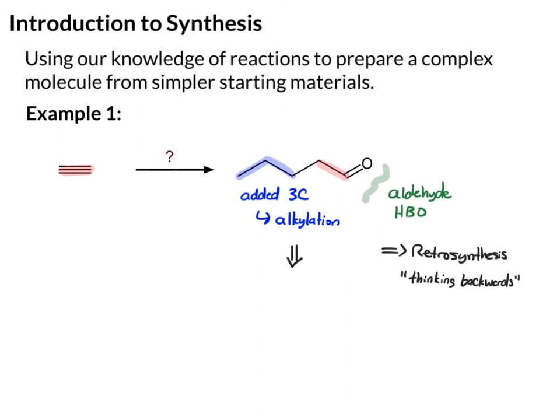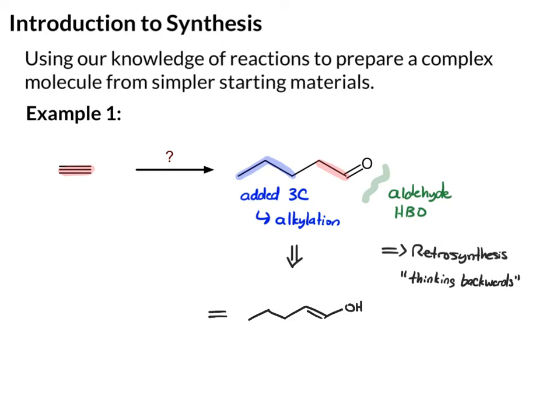So for this, the aldehyde would have come from the enol, because it's the enol that tautomerizes to the aldehyde. So let's draw the enol. And then that enol would have come from hydroborating the alkyne.